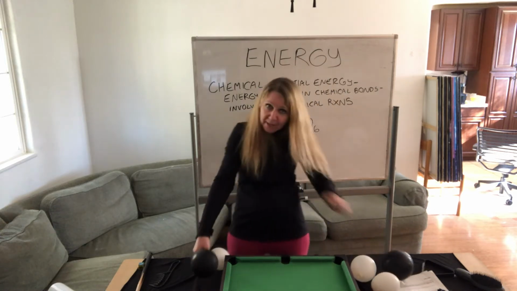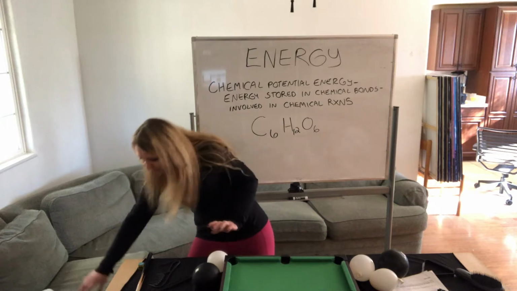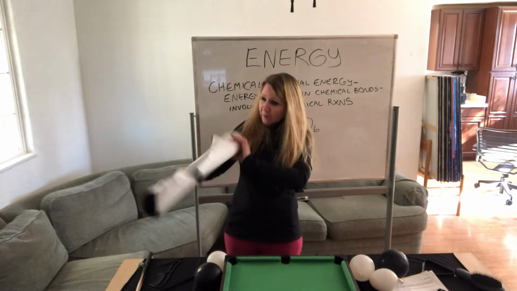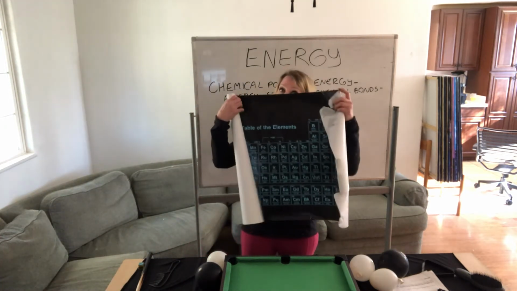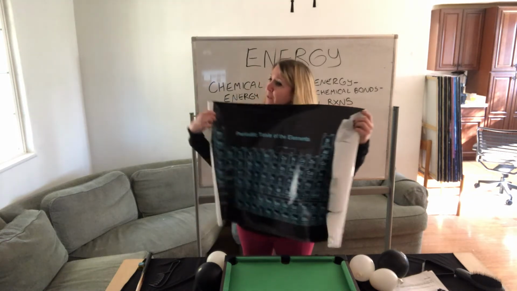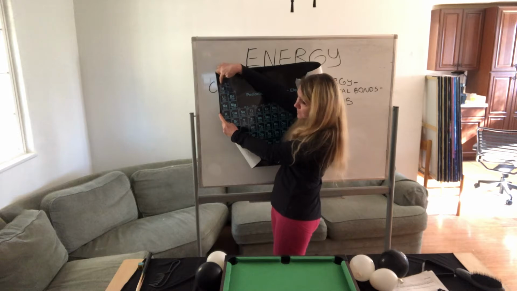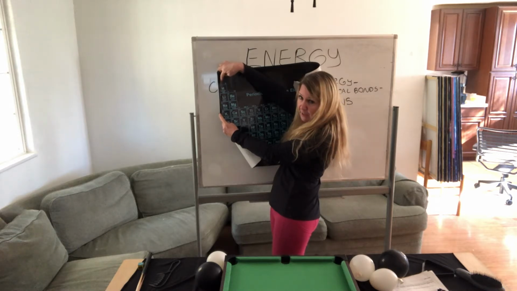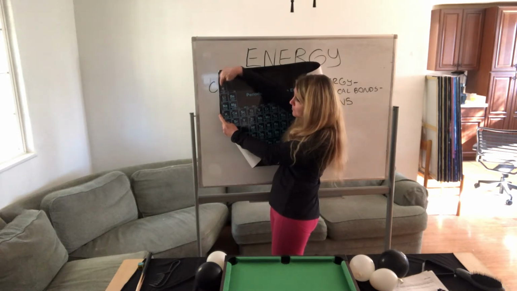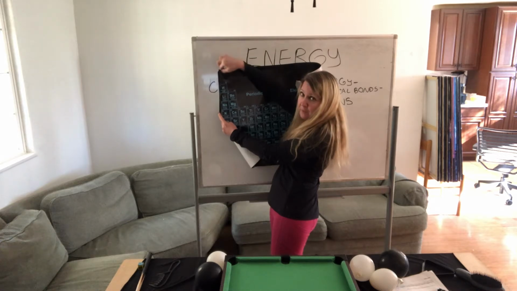If we look at hydrogen on the periodic table, here we go back to the periodic table. Hydrogen is all the way up here. Hydrogen has a 1 at the top. That means its atomic number is 1. It also has a 1 below it.